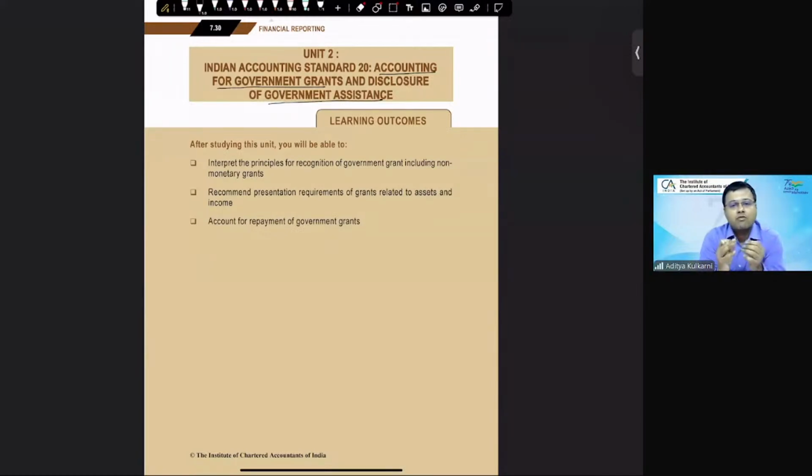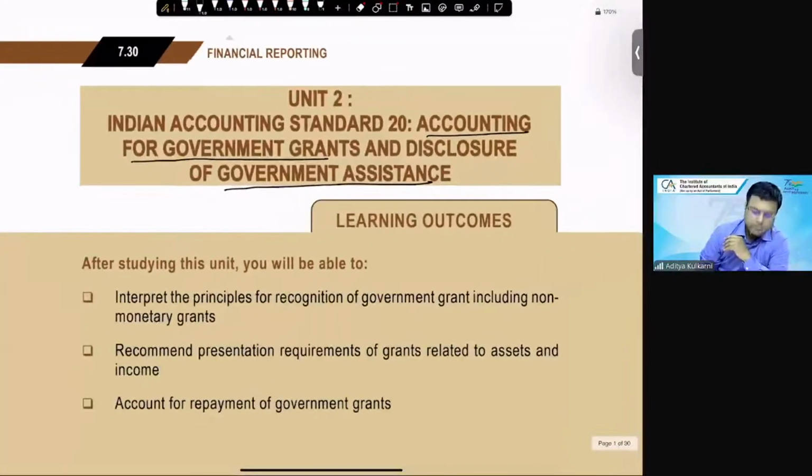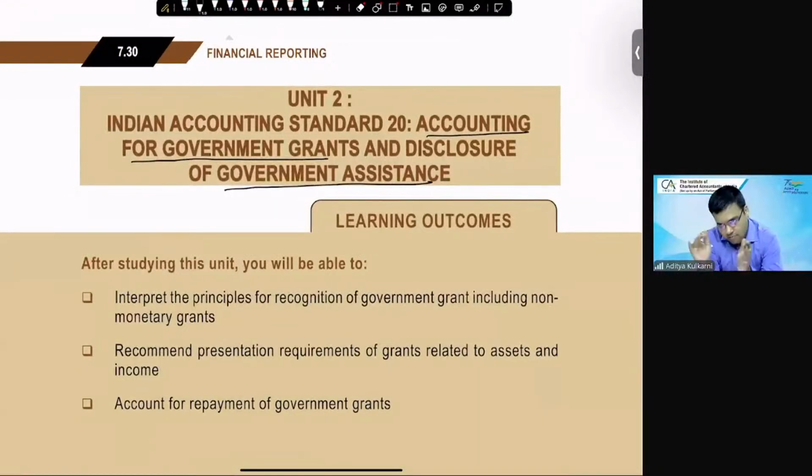So in respect of government assistance, we will be understanding what are the disclosures that we need to do. So we can say that government grants reporting, including presentation, disclosures, etc. But government assistance, we will only go for the disclosures. That means the reporting of that is only in the form of disclosures. It will not be accounted per se.